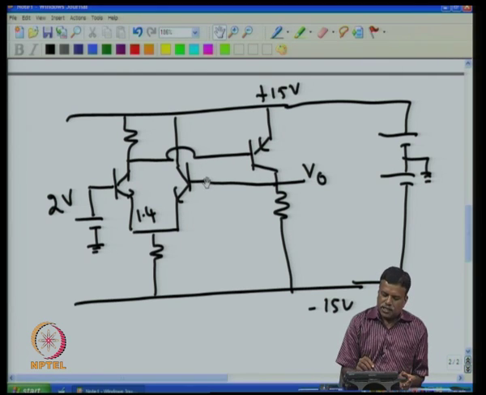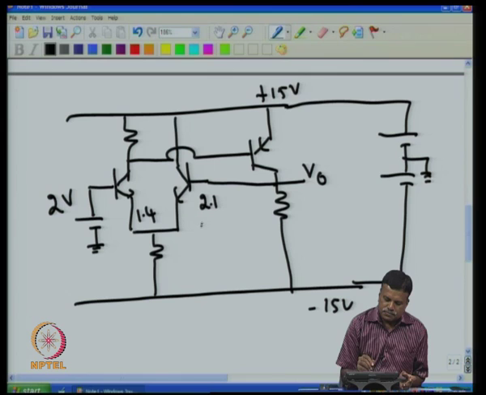Now, assume that the voltage at this point was more than 2 volt. Suppose this is more than 2, say assume that I go to 2.1, then what happens? This is already sitting at 1.4, this is 2.1, the difference is 0.7.